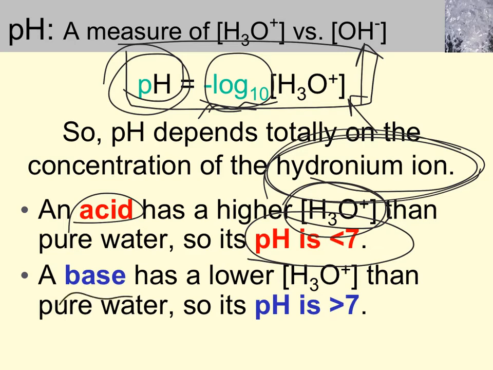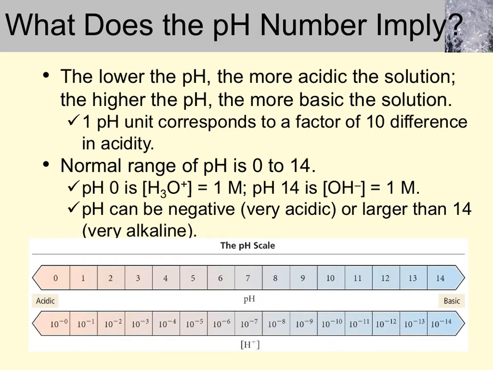But bases will have pH greater than 7. Okay, so just another way of putting it, the lower the pH, the more acidic the solution. The higher the pH, the more basic. So anything with a pH greater than 7 is basic, and anything with a pH less than 7 is acidic.